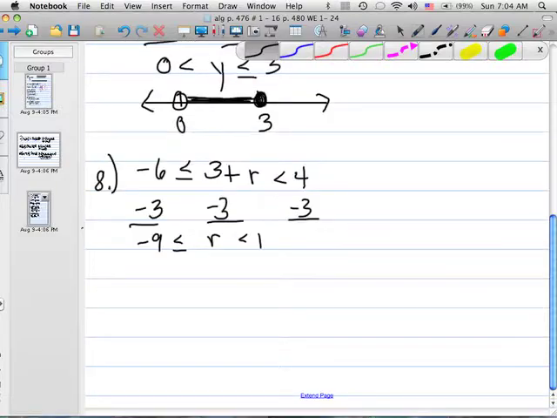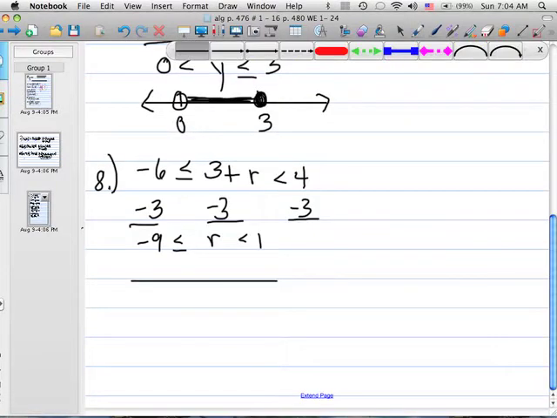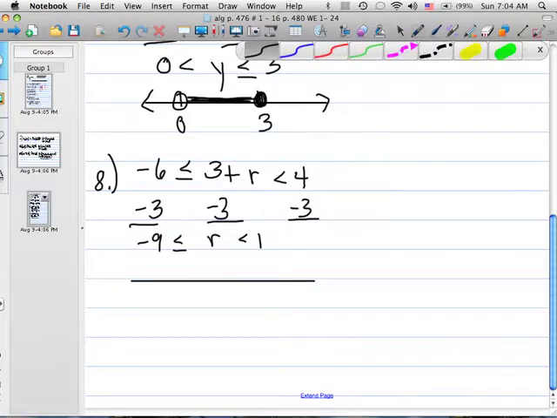Since r is by itself and the inequalities are in the right direction, they're all pointing to the left, we can go ahead and graph it. So here's negative 9, here's 1. R are all the numbers between negative 9 and 1, including the negative 9. So we put a solid circle at negative 9, open at 1, shaded in between.